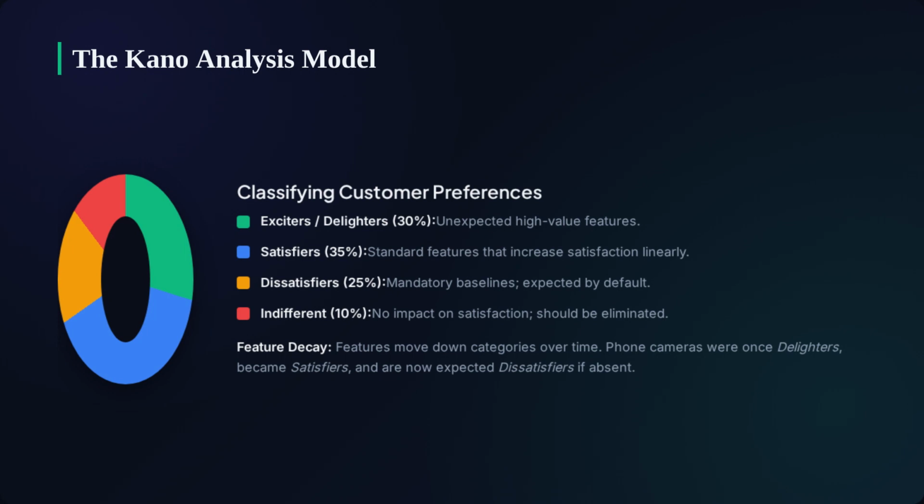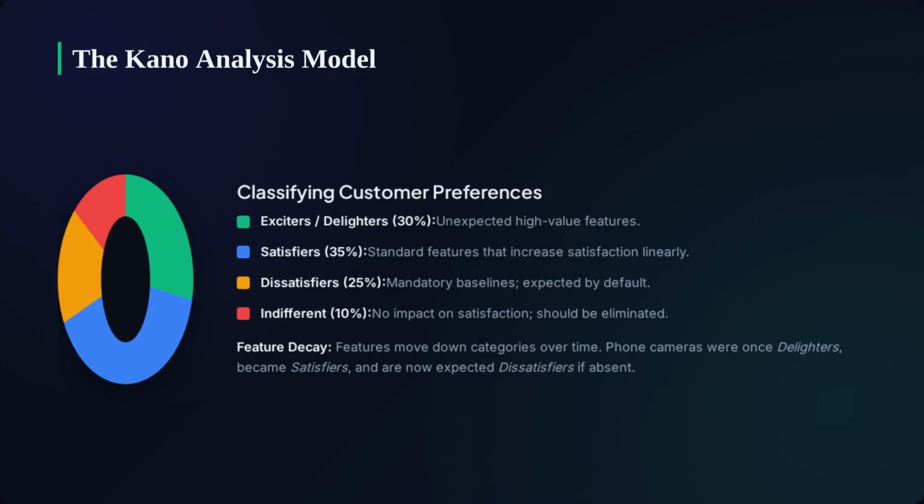The more you build, the happier users are. Dissatisfiers: basic features expected by default. If they are missing, customers hate the product, but having them doesn't make customers extra happy. Indifferent: features users don't care about and should be eliminated to avoid waste.